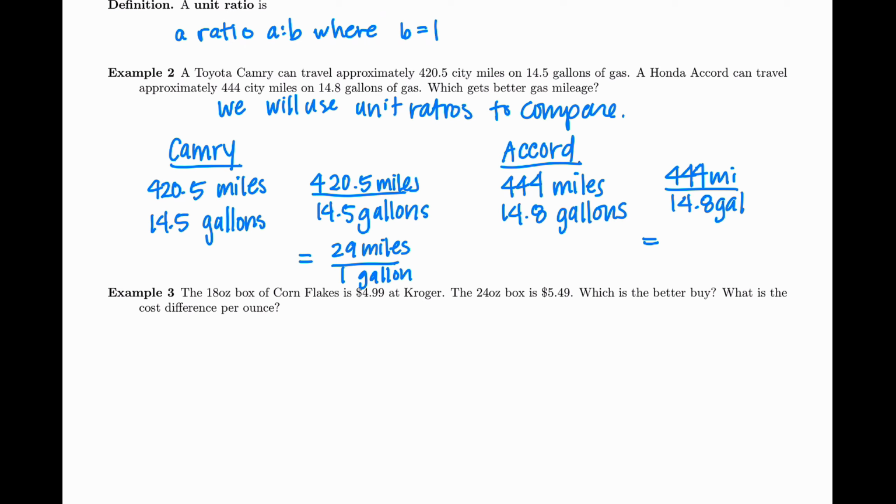And to find that unit ratio, basically we're just going to take that number A and divide it by B. So 444 divided by 14.8. Again, just grab your calculator real quick and find that. And you end up with 30 miles per 1 gallon. So the Accord gets 30 miles per gallon and the Camry gets 29 miles per gallon. So we can say as our answer, the Accord gets better gas mileage.